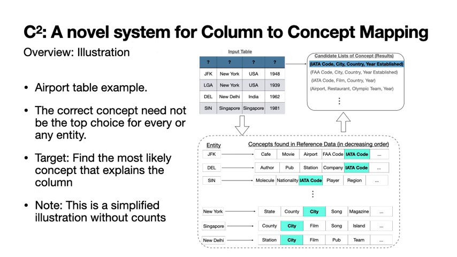So this is a simplistic example in which we do not provide counts and probabilities or the variety of sources that we source the data from. However, it illustrates the spirit that if a concept is present all across for all the entities, it might not be the first choice for any entity, but it still can be the answer if it explains all the entities present in the column.